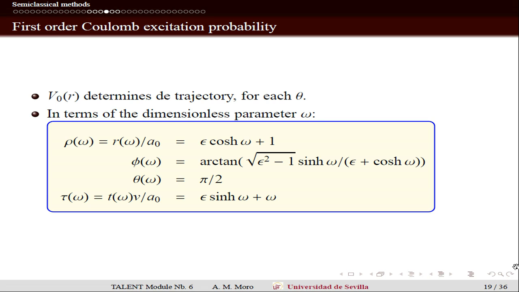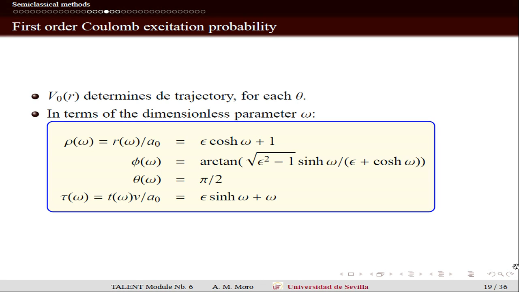So in this particular case, this V naught, which corresponds to the central Coulomb interaction, the monopole Coulomb interaction, will be used, as we said, to obtain the trajectory for each scattering angle. We have to solve this problem, but in the case of the Coulomb interaction, this trajectory can be obtained analytically. There is an analytic form of the trajectory.